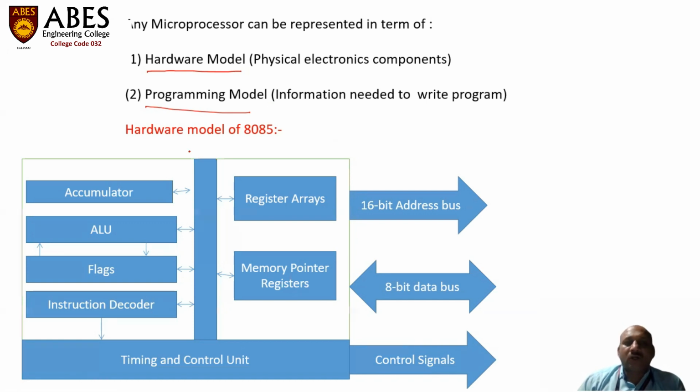So if we talk about the hardware model of the 8085, then it has an accumulator, an ALU, that is called arithmetic logic unit, a flag register, an instruction decoder, a register array, and memory pointer registers. Along with this, internally it has a timing and control unit, which means all the operations are controlled and monitored by this timing and control unit.